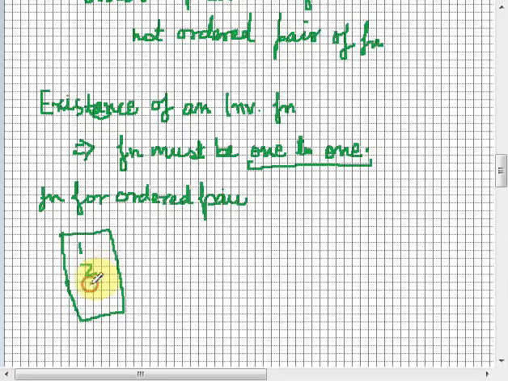Suppose 1, 2, 3 are in the domain and A, B, C, D in the range. If this is the case, then this is a valid function. However, this is not one-to-one. Why?